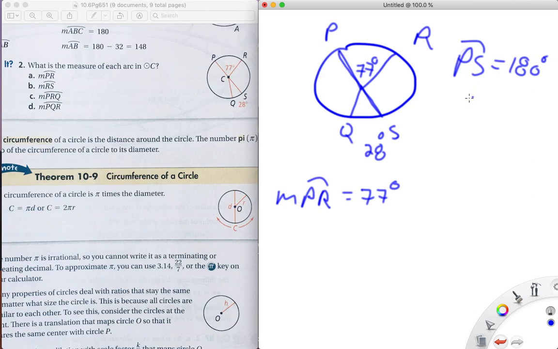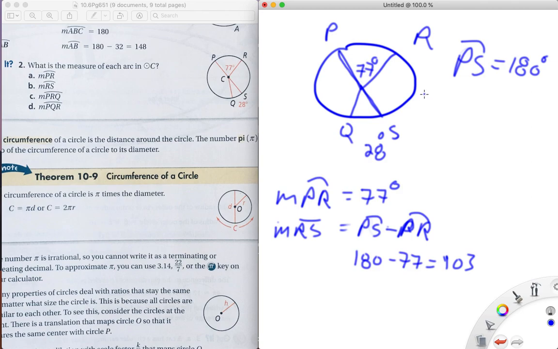So in order to find RS, I can just subtract PS minus PR, which is going to be 180 minus 77, which gives me 103. So RS is 103 degrees.